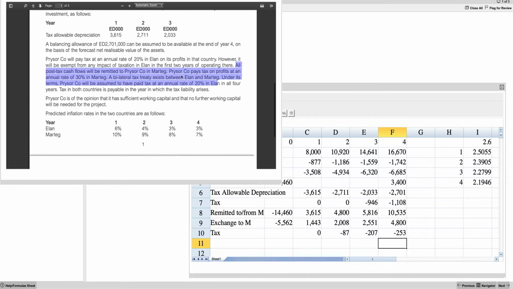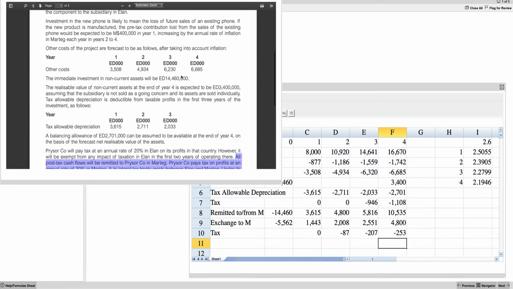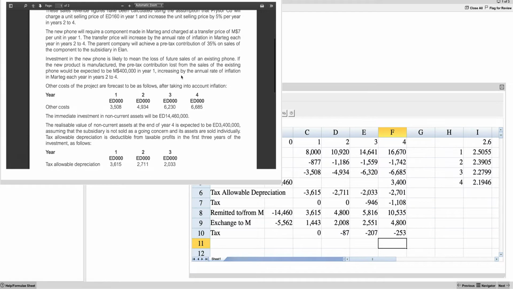And there's nothing else there, so it's just the bits that we missed out, really. So if we go up here, it said we missed out this bit. It said the parent company will achieve a pre-tax contribution of 35% on sales of the component to Elan. So if you remember, we've got this additional contribution.